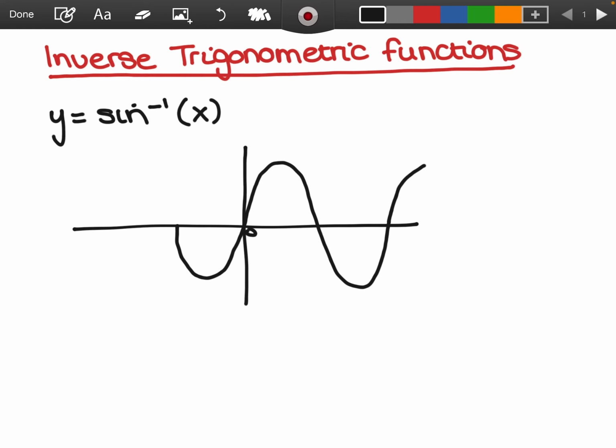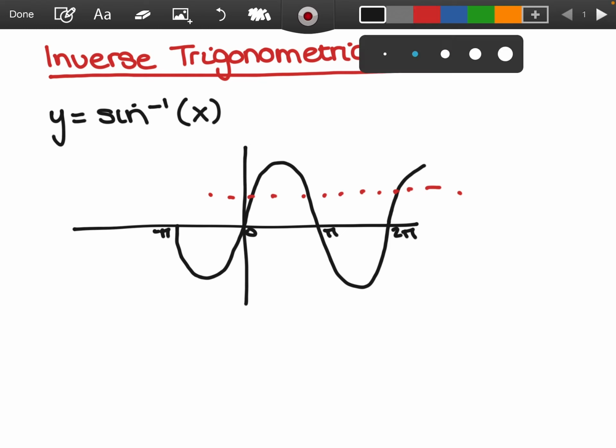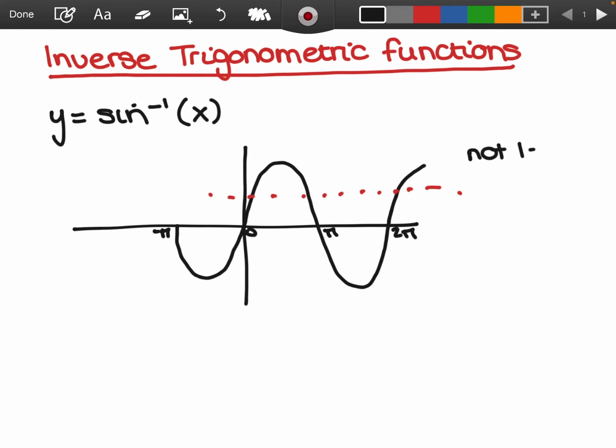This is 0, this is pi, this is 2 pi, this would be -pi, etc. This is not 1-to-1 because for various different x values, we end up with the same y value. So this thing is not 1-to-1. And in order to have an inverse function, we need to make it 1-to-1.